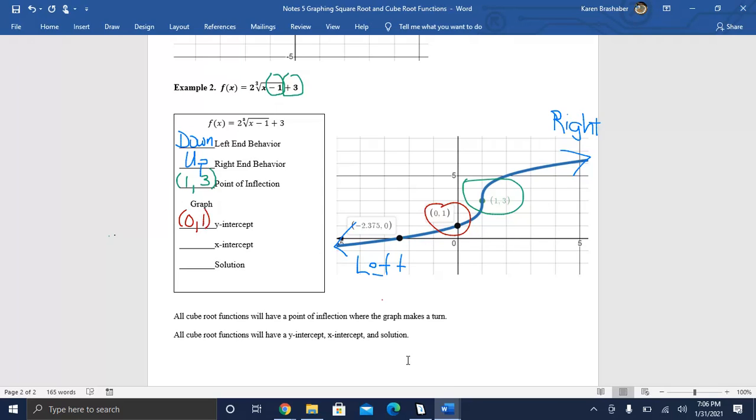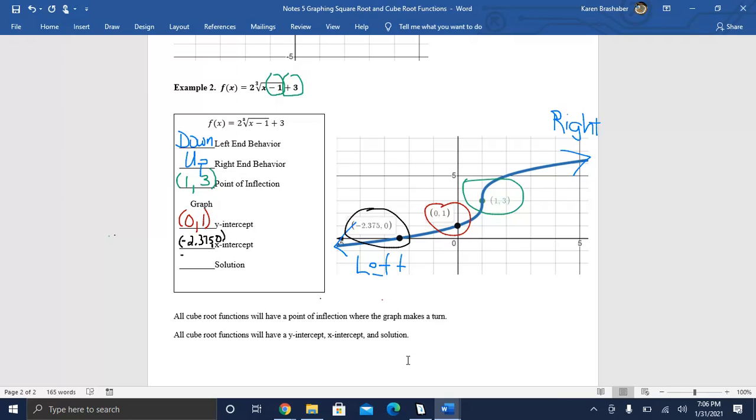And then your x-intercept is the point where the graph crosses the x-axis, and so that is a decimal again, negative 2.375, 0. You'll always have a 0 for the y value on those x-intercepts.